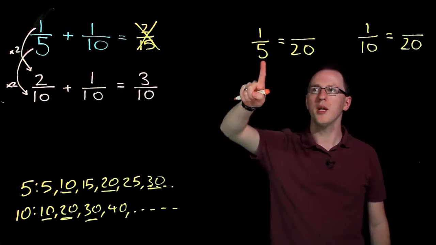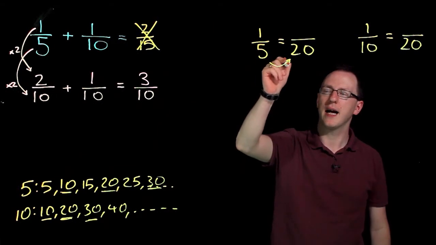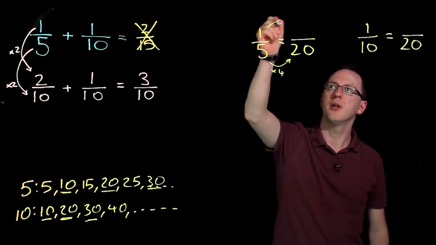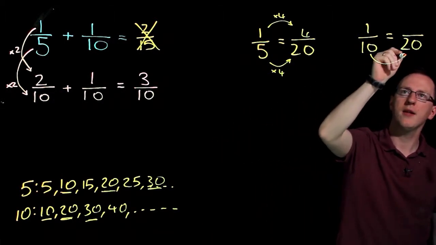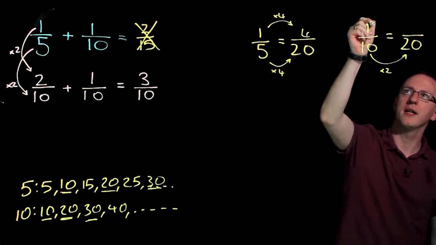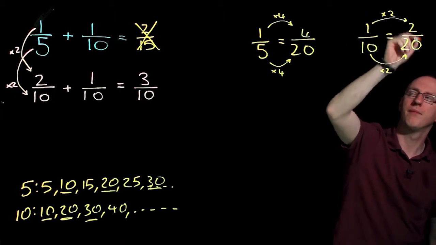So remember, I'm asking what am I multiplying the denominator by to get my new denominator? 5 times 4 makes 20. I'm doing the same to the numerator. And again, 10 into 20, I'm timesing by 2, and 1 times by 2 is 2.